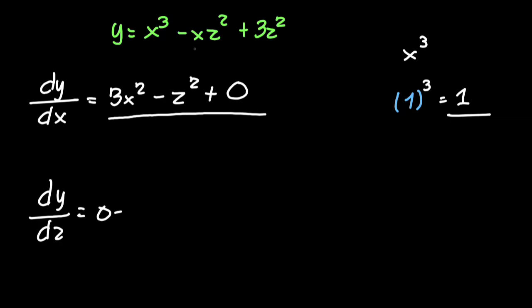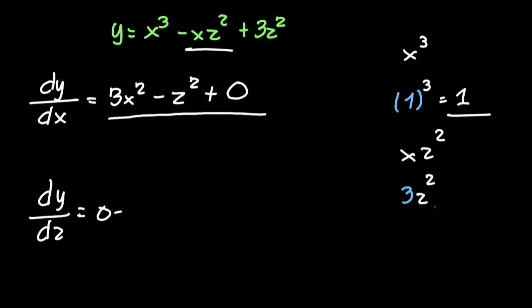So let's move on in here. The derivative of xz squared with respect to z. If we put x here as a constant, let's say it is 3. And so you're left with z squared.